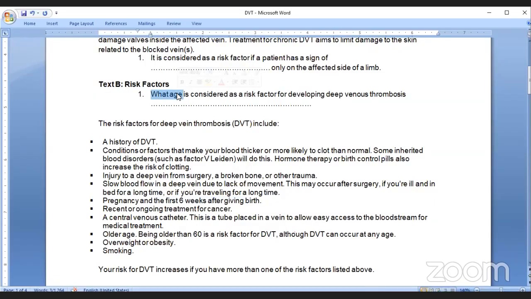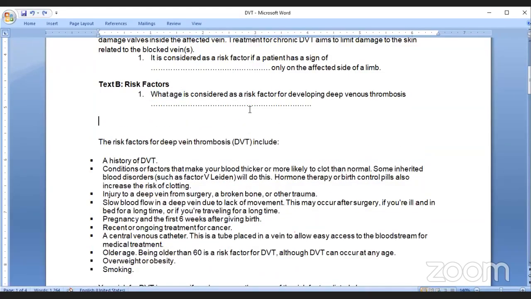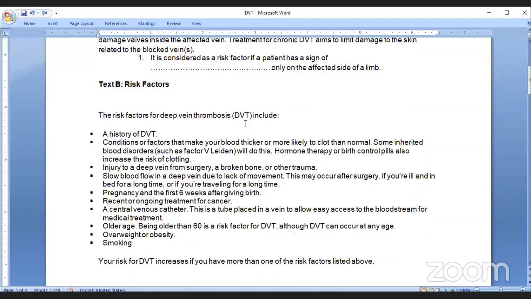So the risk factor is more than 60. You should write more than 60. It's a very easy question. More than 60 is your answer. Older than 60, more than 60, being older than 60, whatever you want to write, you can write. This would be your answer.